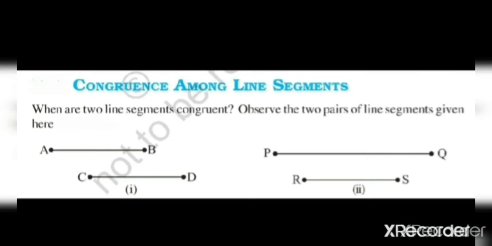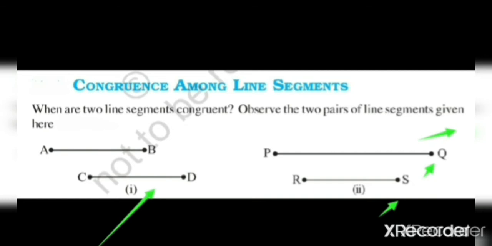Here we can say that line segment AB is congruent to CD, but PQ is bigger than SR. So these line segments are not congruent.